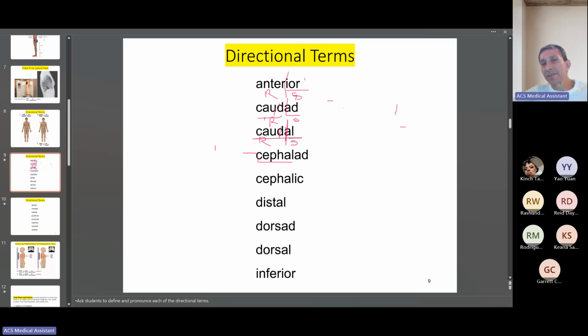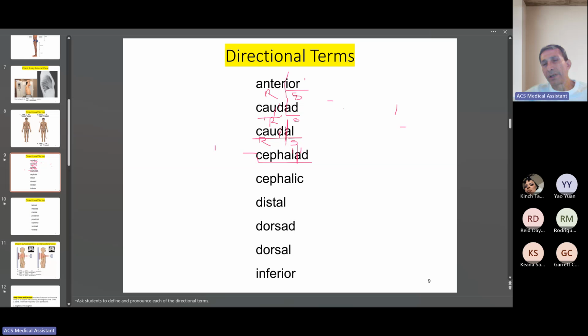Let's talk about cephalad. We're going to add AD. Right here, AD is the suffix. Remember, we're always going to write down the suffix and the word root. AD means towards. Cephal means head. Towards the head.